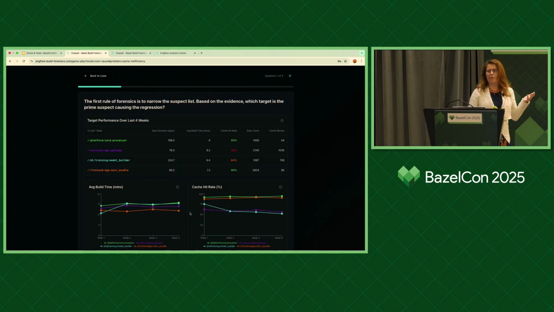As we talked about Bazel data, you can find different data sets in different places. This data set that we can look at is available in the BEP, and it is also available in the RBE profile. The first rule of forensics is to narrow your suspects. Based on the evidence, which targets will be the prime suspects?